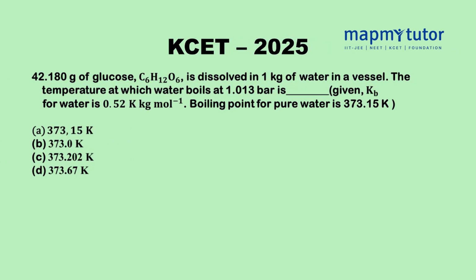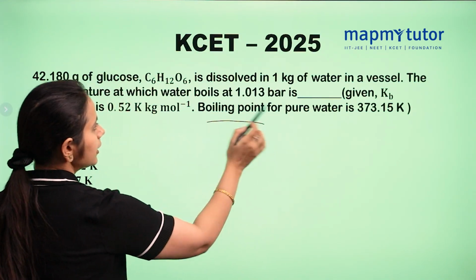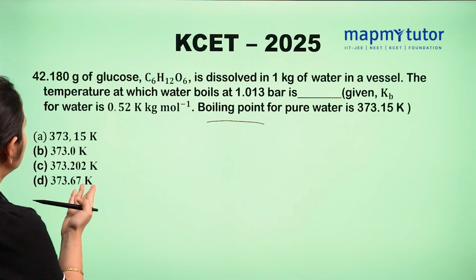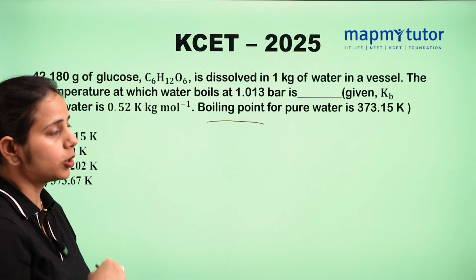180 gram of glucose is dissolved in 1 kilogram of water in a vessel. The temperature at which water boils at 1.013 bar, we need to calculate. And here the boiling point is also provided, and the Kb value is given. As the value of Kb and boiling point is given, you can guess what the formula is.